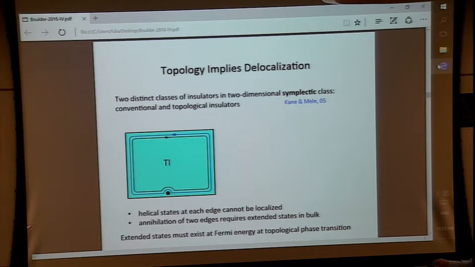There's no way of changing the system from having a topologically protected conducting edge state to another state which does not have conducting edge states at the boundary. Conducting edge states cannot vanish by themselves. They have to connect with their partner at the other edge, and this pair annihilation can only occur when the bulk has extended states. If the bulk states remain localized, the two edges don't talk to each other, right?